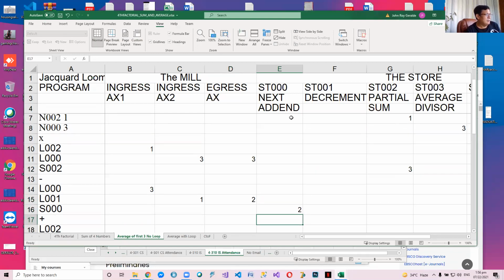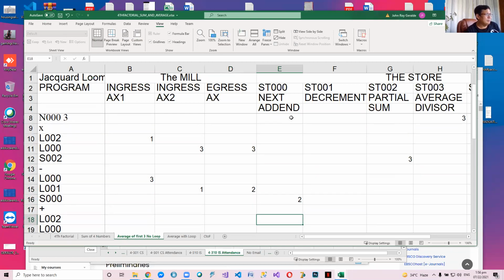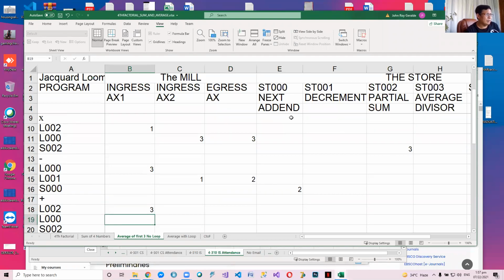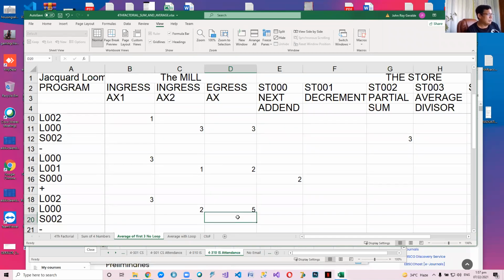Then we do another plus to add the next addend to the partial sum. The partial sum is 3, which is in 002, and you can copy it here. Then 000, which is 2. 3 minus 2 is 1, or rather, sorry, 3 plus 2 is 5, and we store it here.